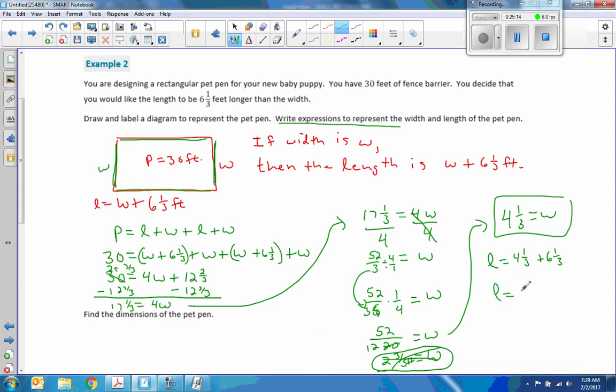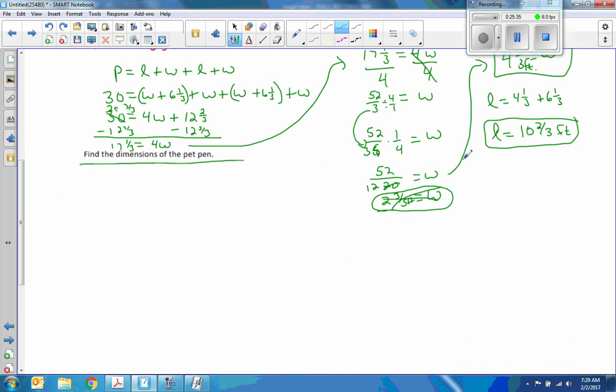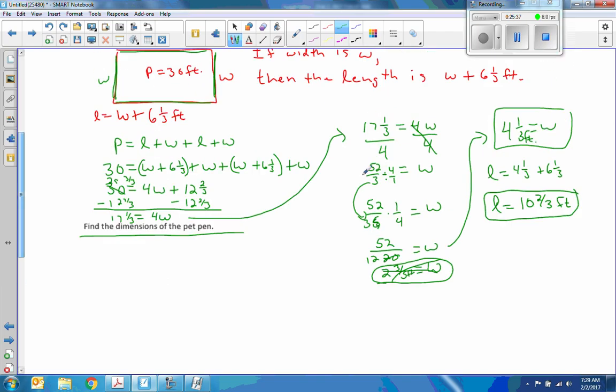So therefore the length is 10 2/3. Okay? I should say 4 1/3 feet, 10 2/3. Find the dimensions of the pet pen. So I've done that. That is right here.